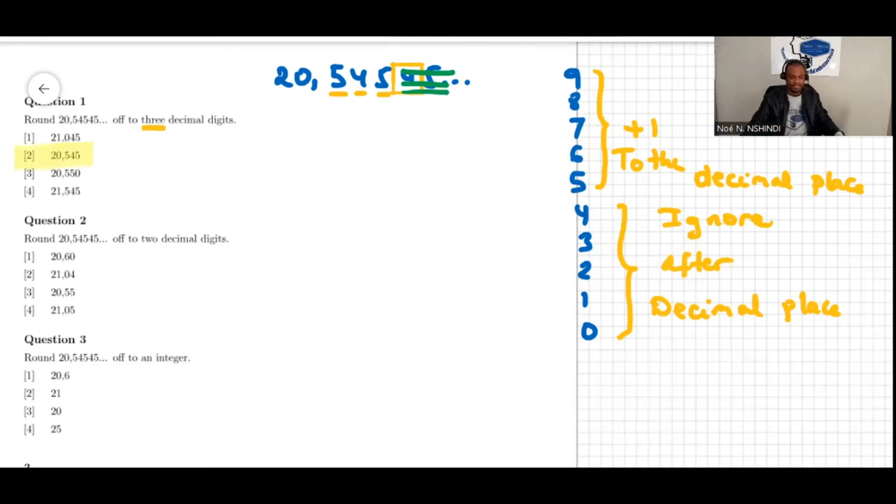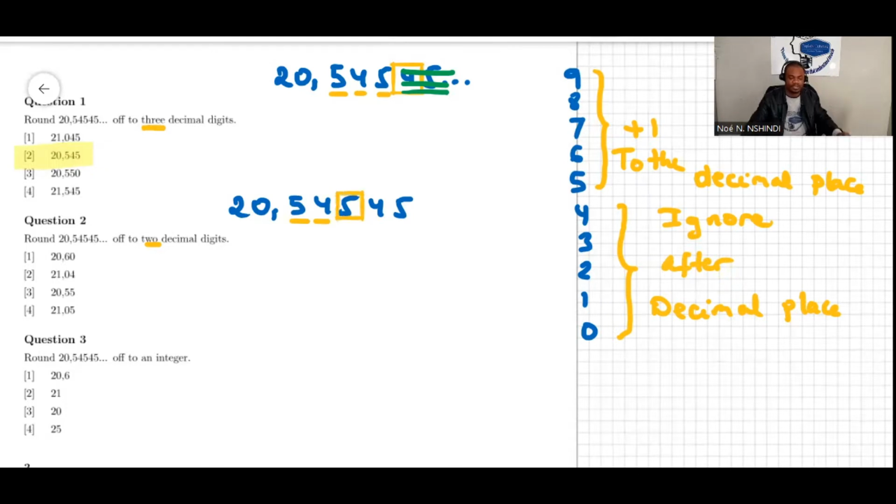Now question 2: round the same number, 20.54545, off to 2 decimal places. First count the decimal places, 1, 2. Then we look at the 3rd decimal value, which is 5.